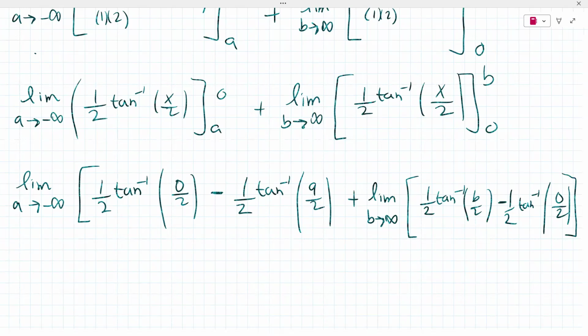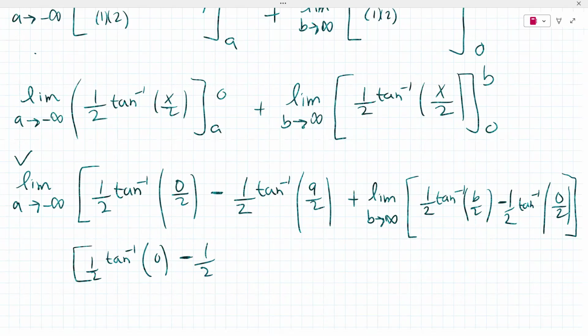Okay, so right here, this is where we stopped. So tan inverse 0 over 2 is 1/2 tan inverse 0 over 2 is 0, right?